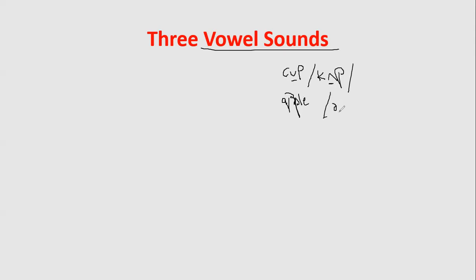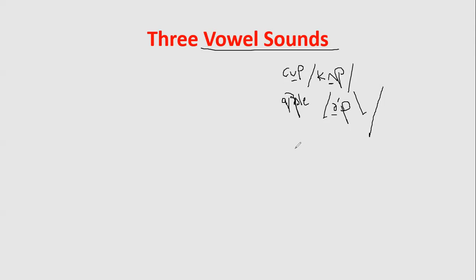This is called schwa, and there is a stress here. So this is also a vowel. Maybe if you didn't study linguistics or phonetics, you will not know this, but in English, we have more than 10 vowel sounds.